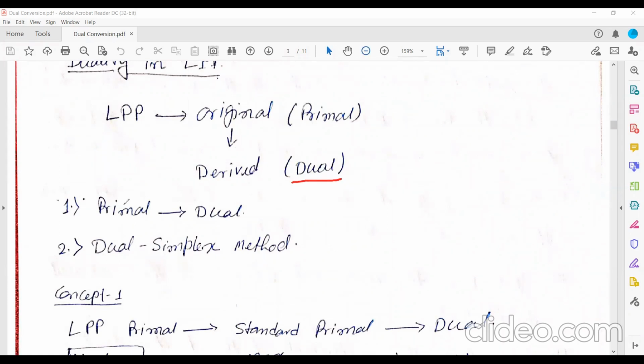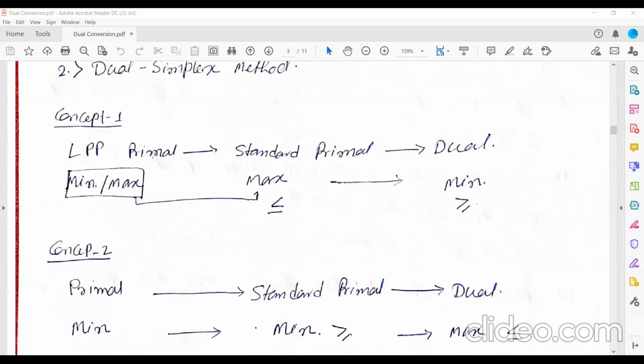So the conversion will be from primal to dual. In between, there is another step: primal to a standard primal, and then standard primal to dual. And then how to solve this dual LPP? By using the dual simplex method.